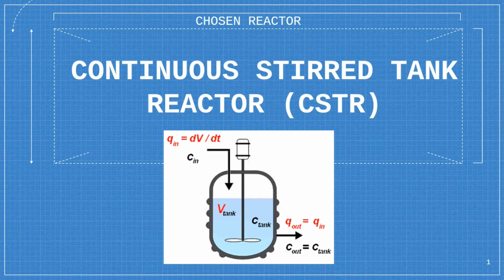Based on our literature review, we have found that CSTR, also known as the continuous stirred tank reactor, is the common and the best reactor used in order to treat the palm oil mill effluent efficiently. CSTR is suitable to be used with a homogeneous liquid phase.